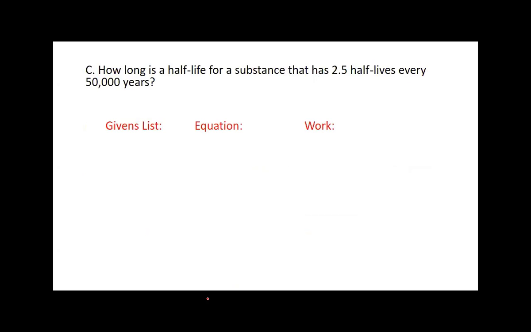How long is a half-life for a substance that has 2.5 half-lives every 50,000 years? So the number of half-lives for n is 2.5, and the time is 50,000. How long is the half-life?